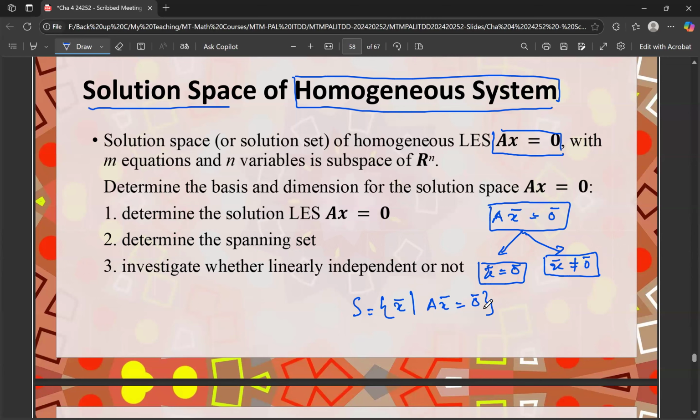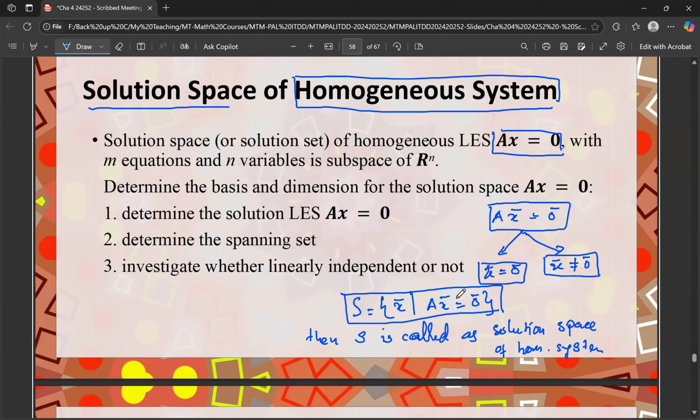Jadi x itu berasal dari sistem persamaan homogennya. And this is called solution space of homogeneous system. Jadi kita punya ruang baru yang ingin kita periksa lebih lanjut, namanya ruang solusi. This is called solution space.